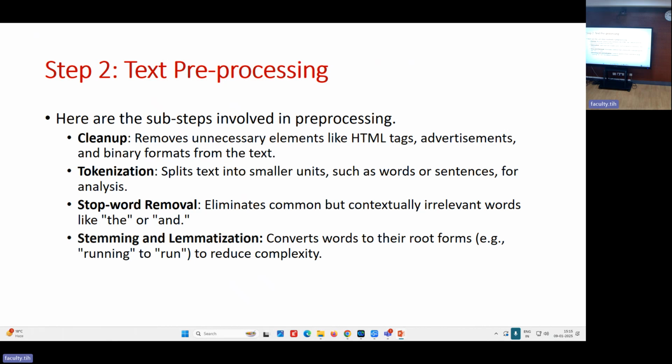Helping words are also stop words, right? Is, am, are, was, were, these are also stop words. So in some applications it is required to remove the stop words, in some other applications it is not required. So what is the application in which it may be required to remove the stop words? Can anyone tell me?